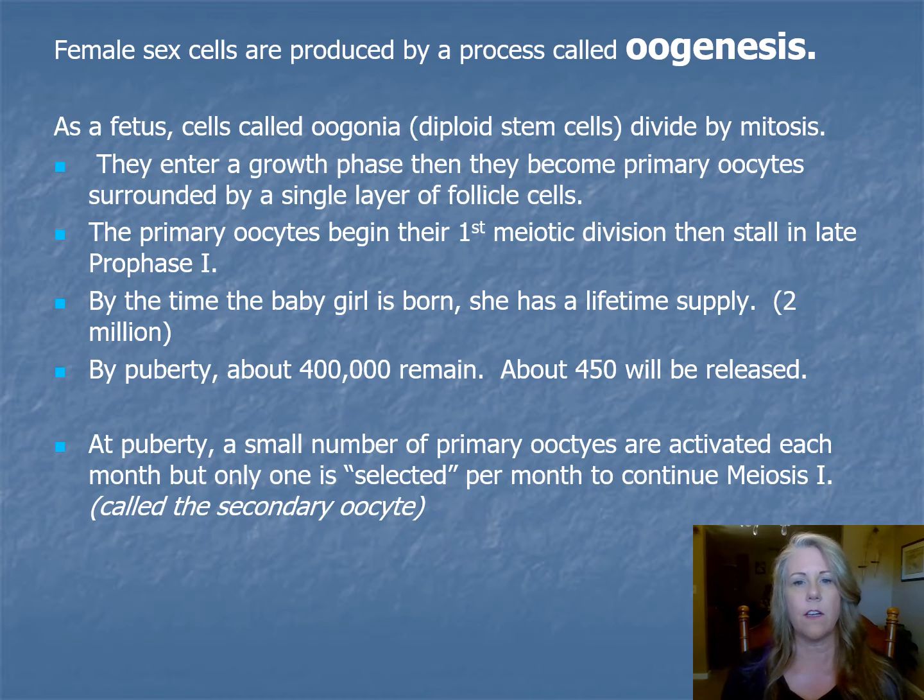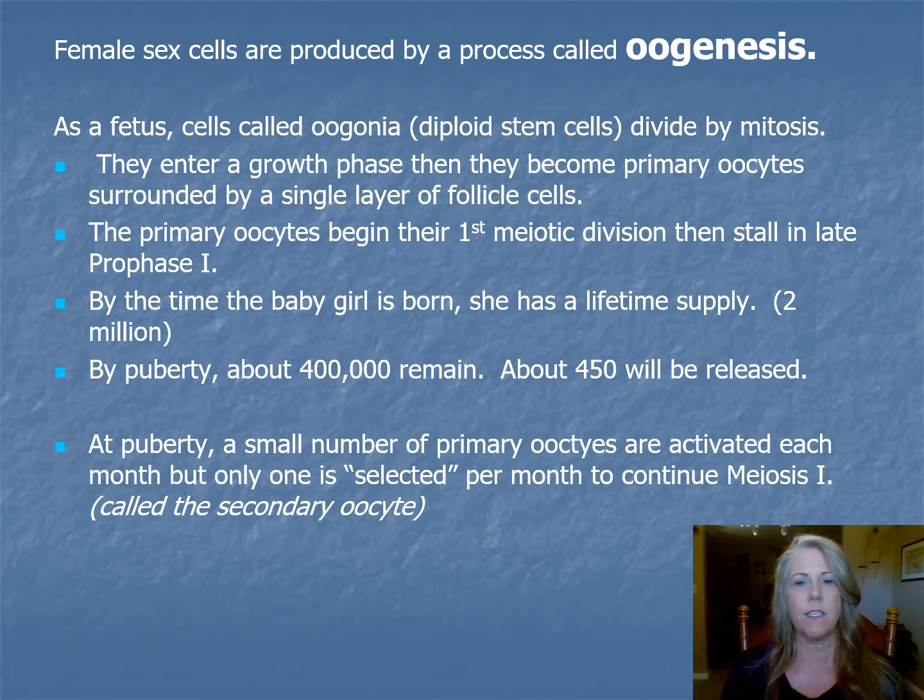Female sex cells are produced by a process called oogenesis. The eggs by oogenesis, the sperm by spermatogenesis. You are going to learn both of those processes as part of your lab work, but I do want to go over a little bit of an overview of oogenesis.